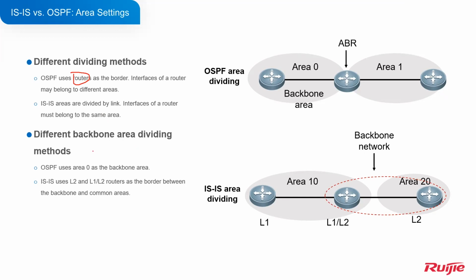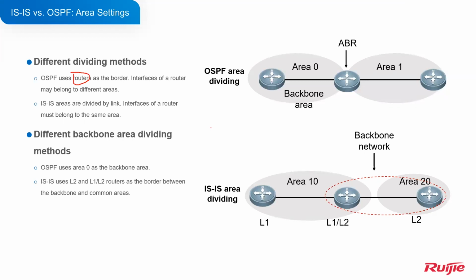And the second one is the backbone area. For OSPF, we only use area 0 as the backbone. So when your network is divided, if your area 0 parts are not connected with each other, you can use some technology like a virtual link to make them logically connected.